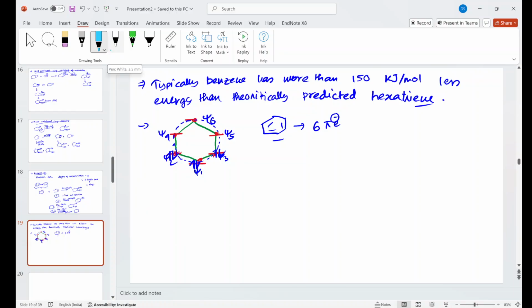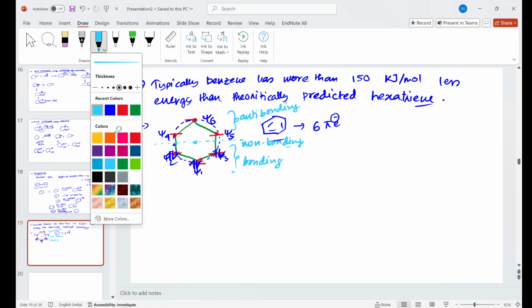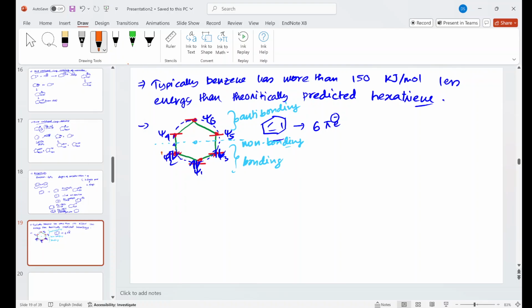This line that goes through the center of the polygon and bisects this circle is called the non-bonding level. Below this non-bonding level, everything is bonding, and above is called anti-bonding. So this is the reason that all these electrons stay in the bonding orbitals, and this is the reason for the stability.